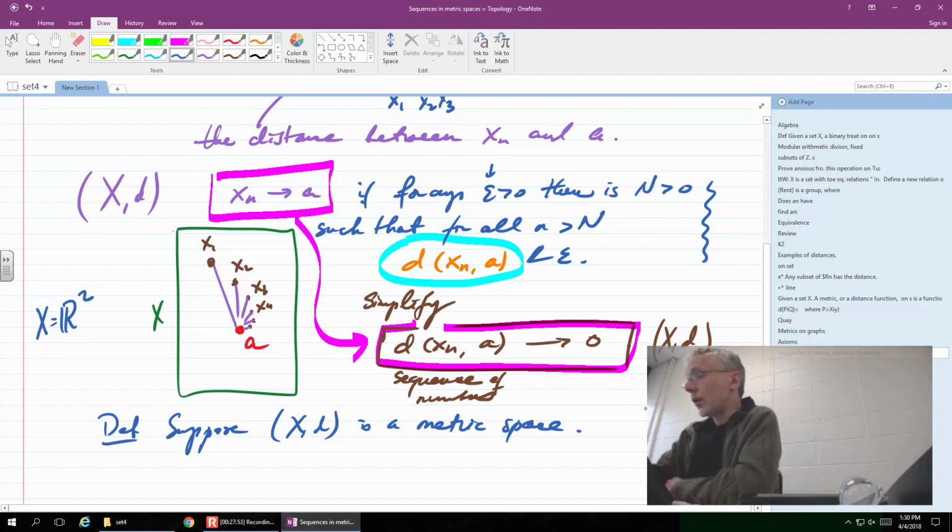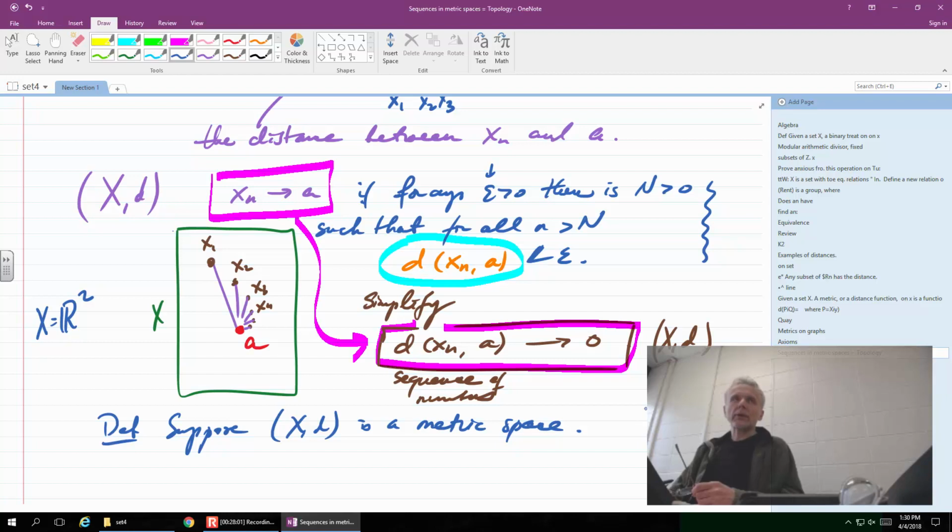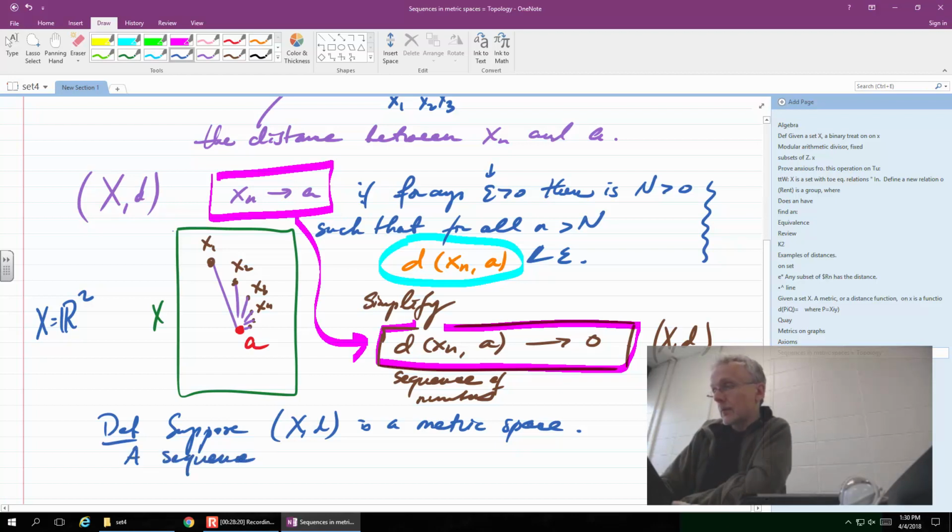Well, what is a sequence? In a set theoretical way, how do we interpret a sequence? I just want to make sure that we understand what that is. A sequence in X: x1, x2, xn.